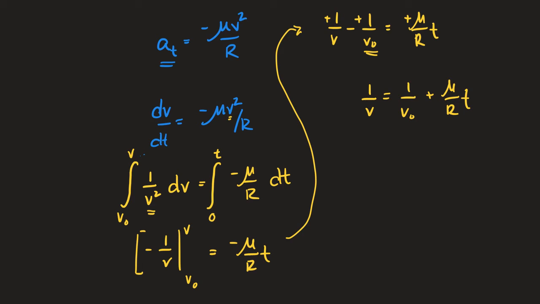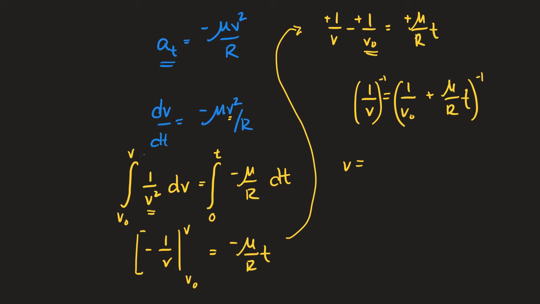Now, this is not v as a function of t. You still need to get v inverted. So I want to invert both sides, which means raising both sides to the power of negative 1. The left side's pretty easy. It's just v. But the right side, that's kind of a mess.